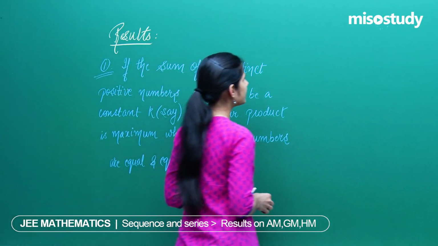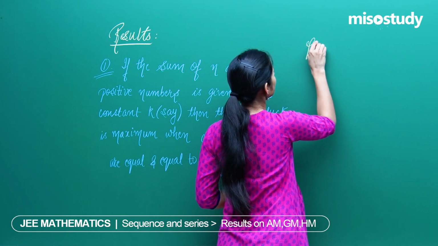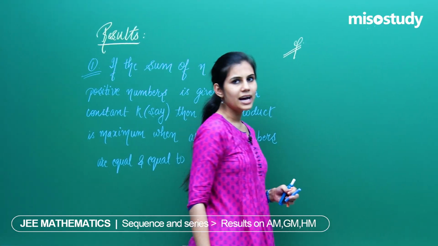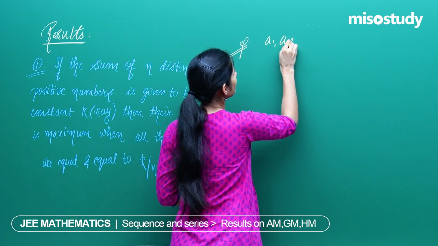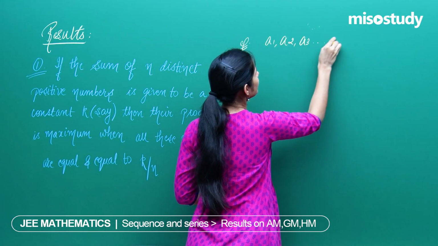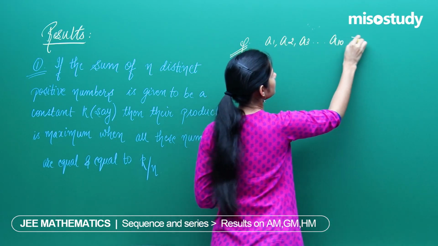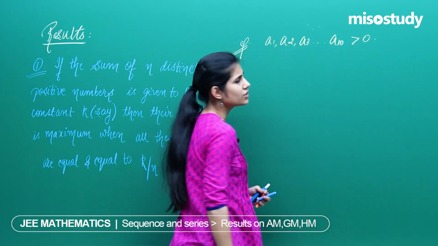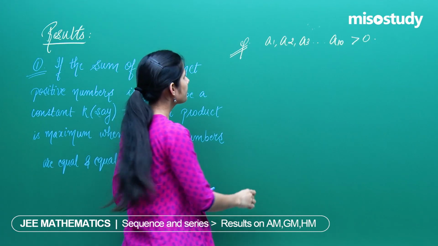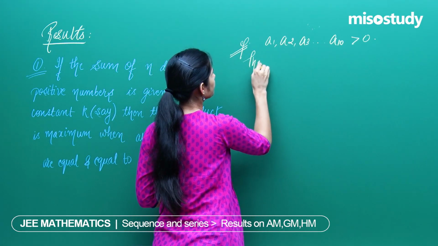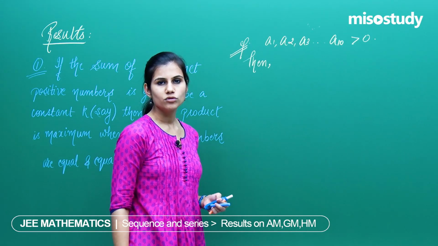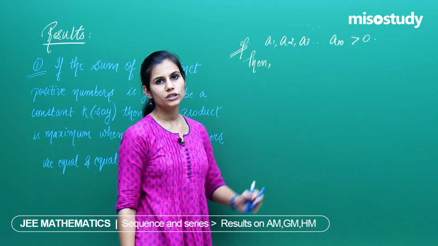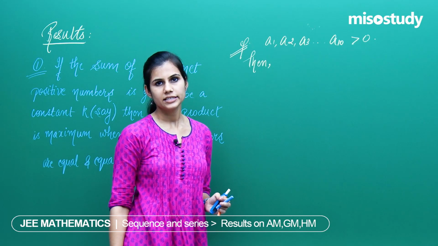So, for understanding, suppose I have A1, A2, A3 and so on up till A10, positive numbers which are all distinct. Then, what about the AM-GM-HM inequality for these 10 positive distinct numbers?